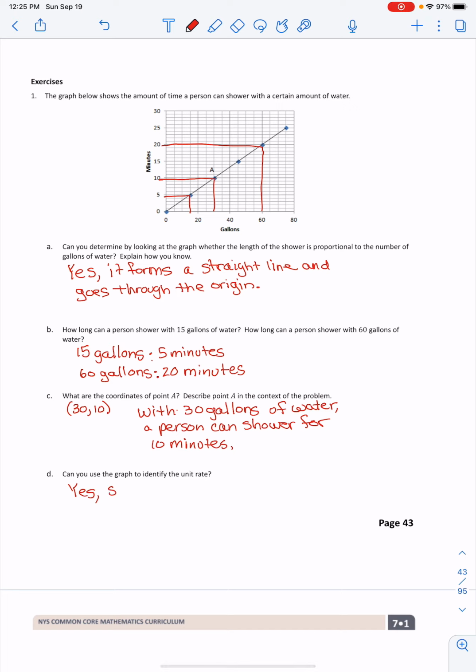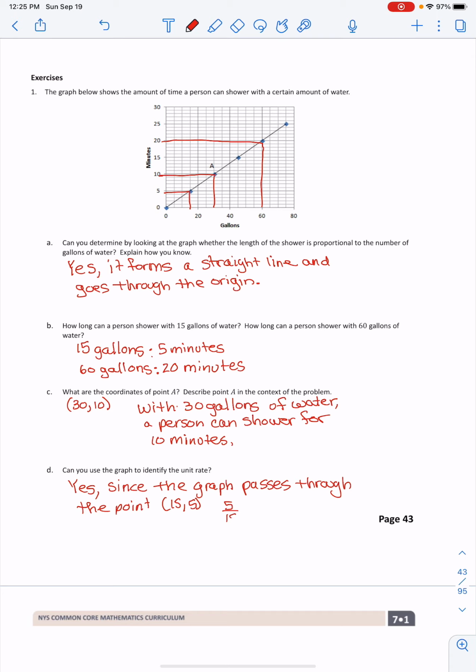Since the graph passes through the point (15, 5), 5 over 15 equals 1 over 3. So 1/3 is the unit rate.